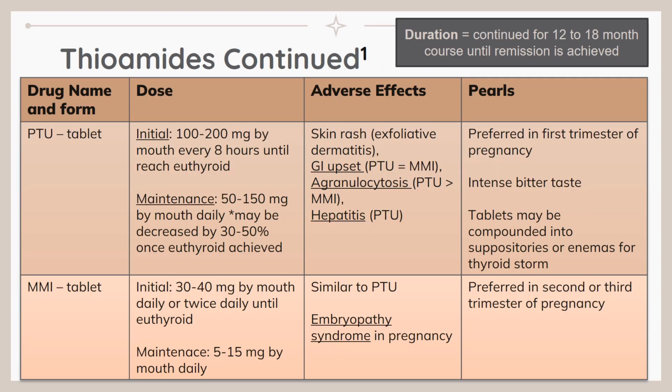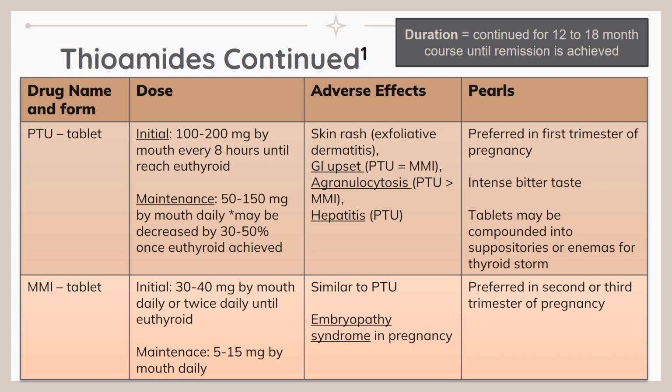Regarding the thioamide class, PTU and MMI both come in a tablet form. For both, there is an initial and a maintenance regimen. So we always want to start low and then slowly creep up depending on our levels and labs of our thyroid hormones. As mentioned before, for PTU we're highlighting that it is more common to have hepatitis or hepatic adverse effects.